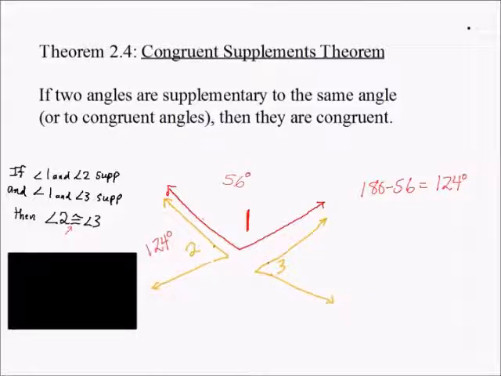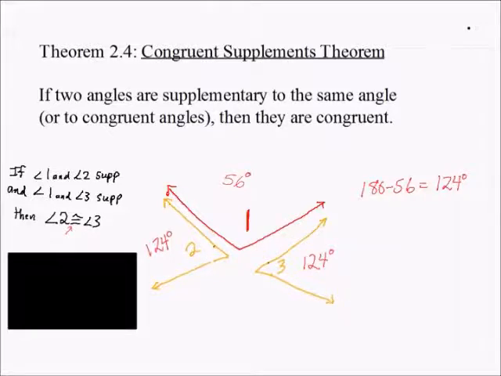However, if 1 and 3 are also supplementary, then angle 2 and angle 3 have to be the same measure. So angle 3 is going to be 124 degrees. Again, if 1 and 2 are supplementary and 1 and 3 are supplementary, that means 2 and 3 are the same angle.